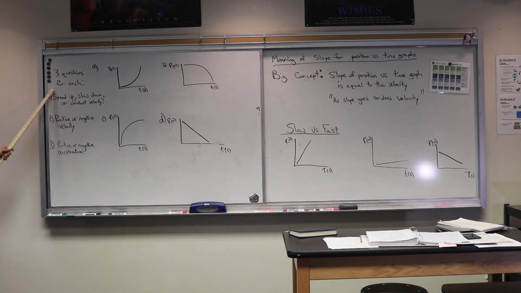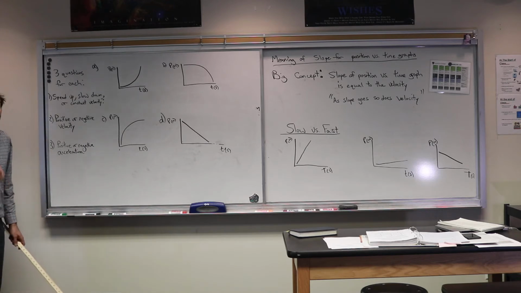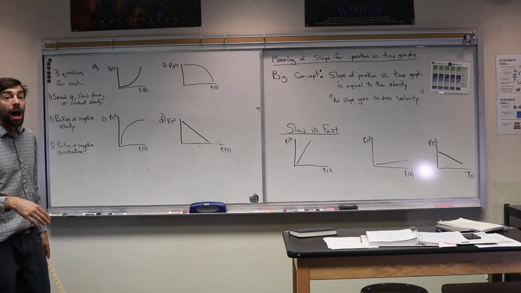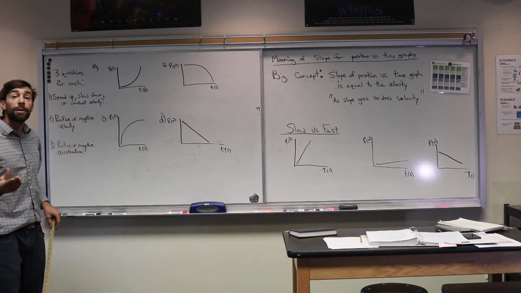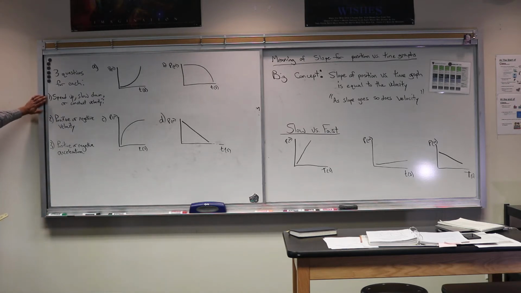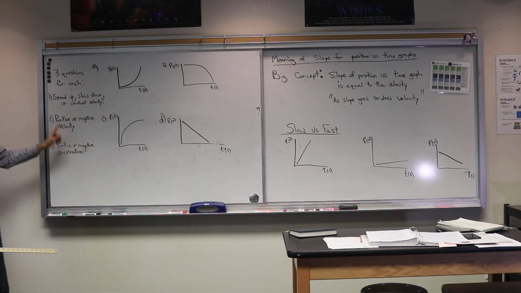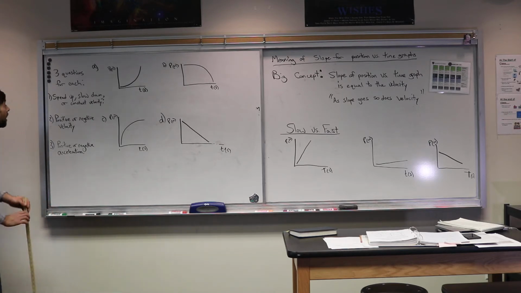So, 3 questions. If you're feeling confident, you can go ahead and pause the video and answer these 3. If you're still struggling with these concepts, just continue watching along, and I'll walk through each of these examples. The 3 questions I want each of you to answer are: is the object in each of these graphs speeding up, slowing down, or staying the same, meaning constant velocity?